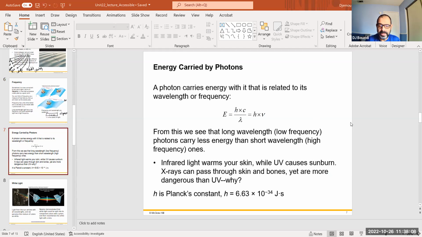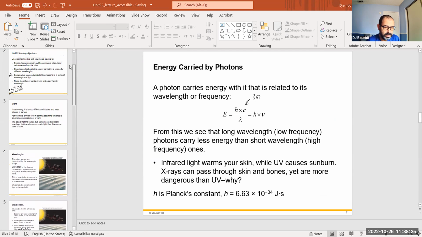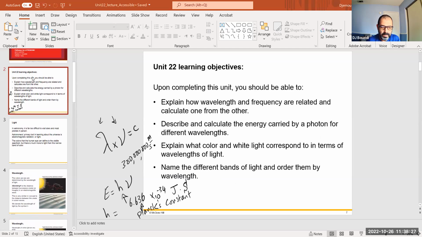And this is the other relationship that I mentioned earlier. If you express it in terms of wavelength, c is a constant number. This is 300 million. Planck's constant is 6.636 times 10 to the negative 34.